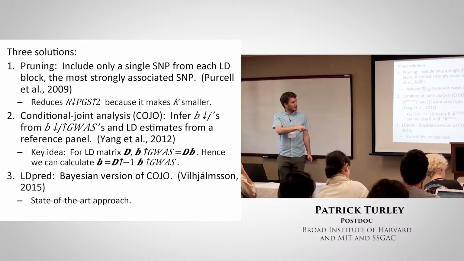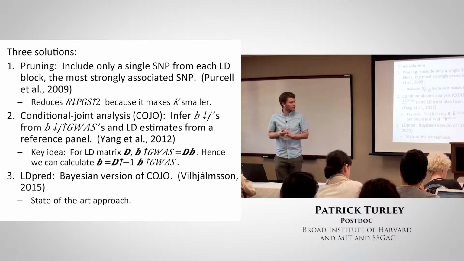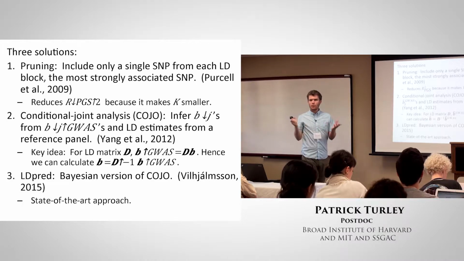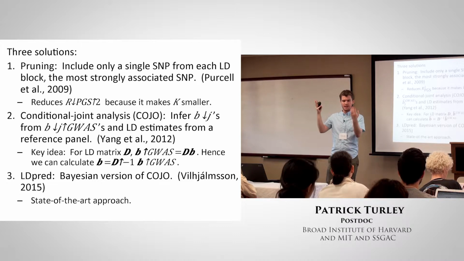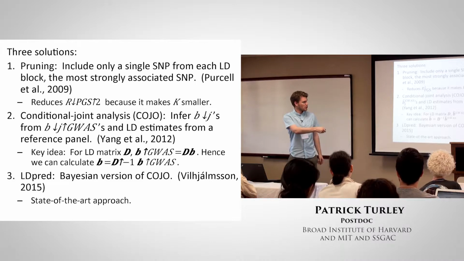Then there's a method that came out in 2012, conditional joint analysis. What they notice is that we know the relationship between the GWAS coefficients and these true B's we've been talking about before. It's just going to be a relationship of LD. So why can't we just use that information to get these B's? That's what they do.